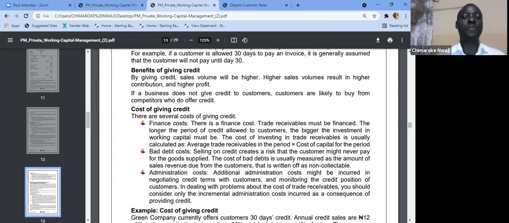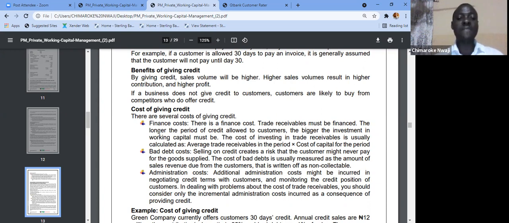So the cost of investing in trade receivables is calculated as average trade receivables in the period multiplied by the cost of capital for the period. Now we're assuming that you're going to take a bank overdraft, and the interest rate is the cost of capital for the receivable.